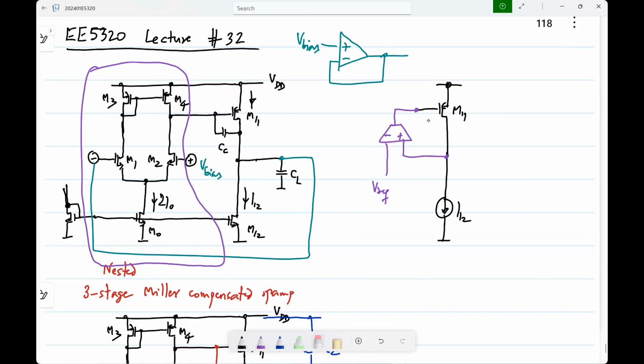Because let's say you do the analysis and then you do simulation and then you say, oh, but the gain or transfer function is not coming out to be what I want it to be. But then the first thing to check is whether all the transistors are operating in the correct regions, right? Because if they're not operating in the correct regions, if the operating point is not set correctly, everything else also will be wrong, okay?